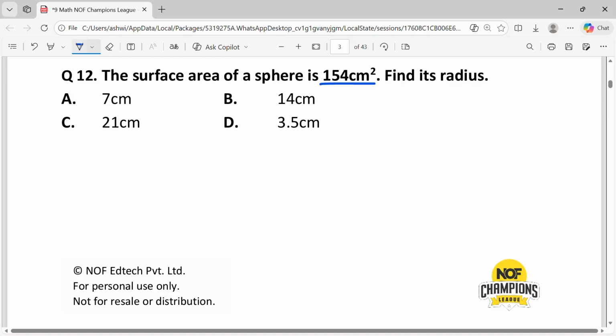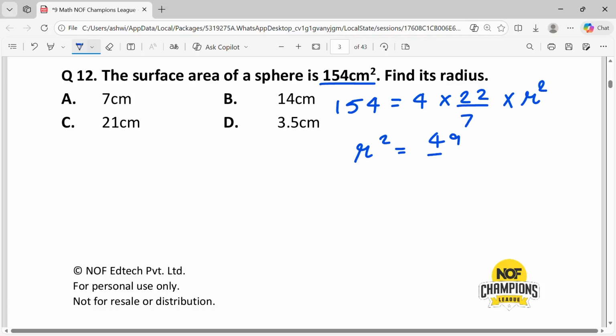Using pi as 22 by 7, 154 is equal to 4 into 22 upon 7 into r square. Isolating r square, we have r square is equal to 49 upon 4.